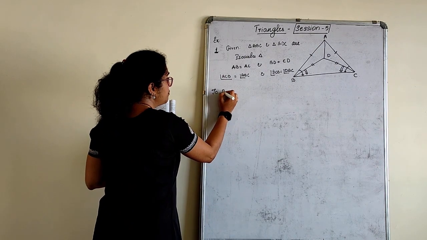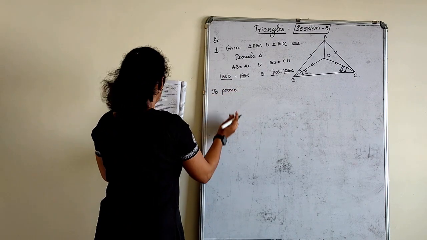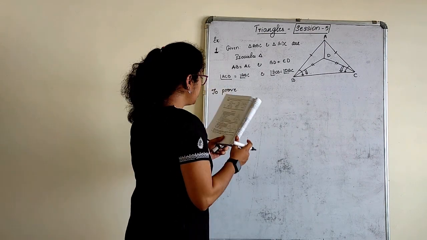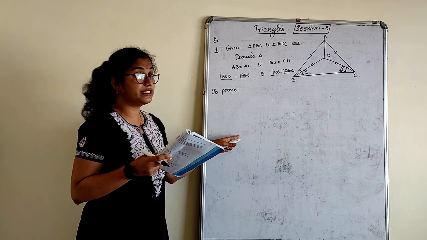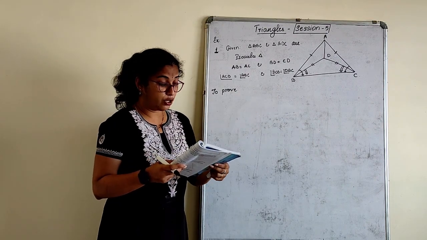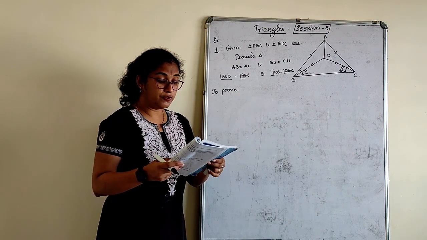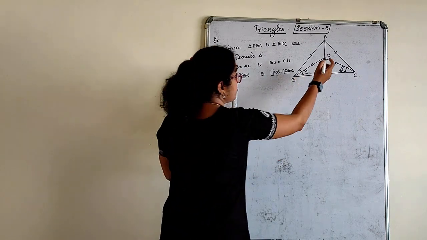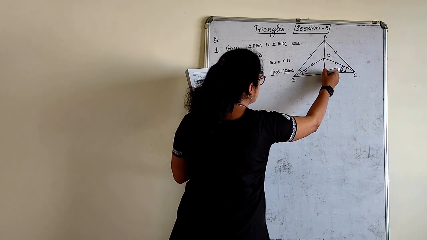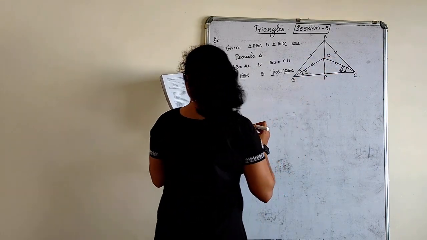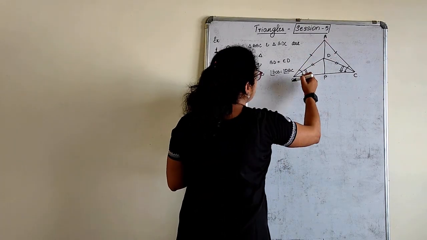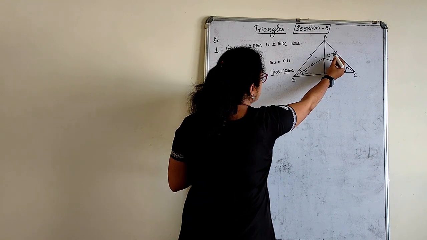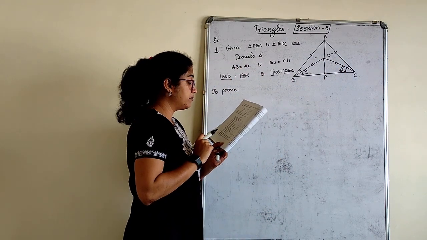What we have to prove? There are so many things to be proved here. First, second, third, fourth part I will not write because it will not fit here. So we have to prove triangle ABD, we have to join this, is equal and congruent to triangle ACD. That is point number 1.